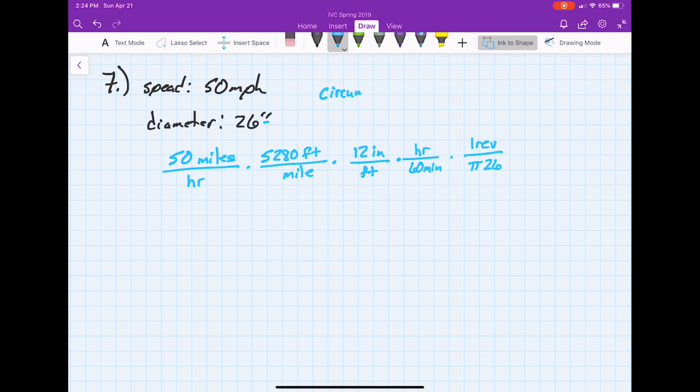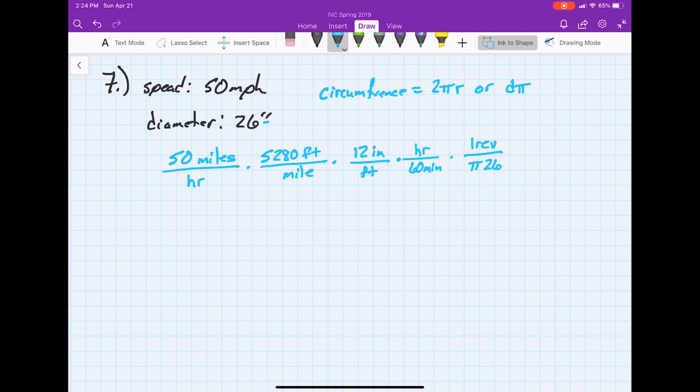I'll just remind you here, probably a good time to remind you the circumference is 2 pi r, or we can look at it as pi times the diameter, which is basically what I have down in my equation below. I know I wrote it as diameter times pi, but it's multiplication, so it can be switched around.